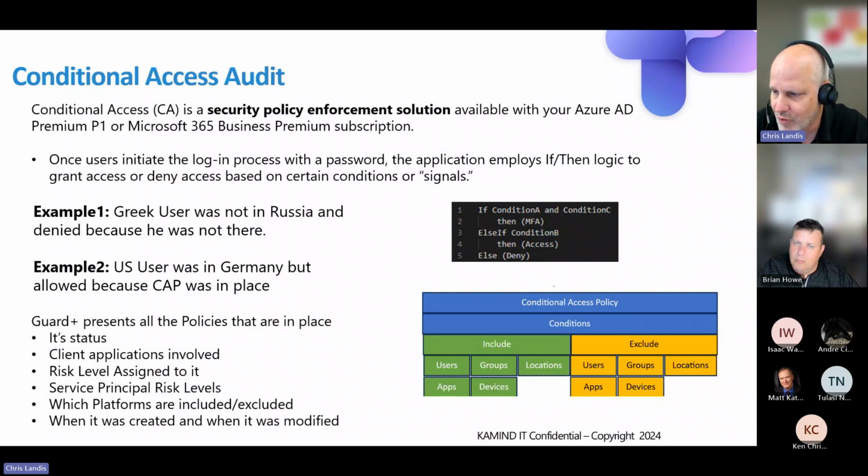If they're logging in from California, or in one case, we've seen a Greek user who clearly wasn't in Russia, the conditional access policy said no, even though the user ID and password were correct, he's logging in from Russia. It's a real case. He was denied access because the IP address was showing he was from Russia.